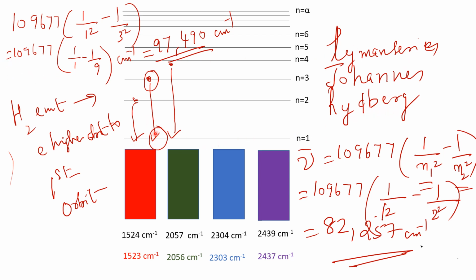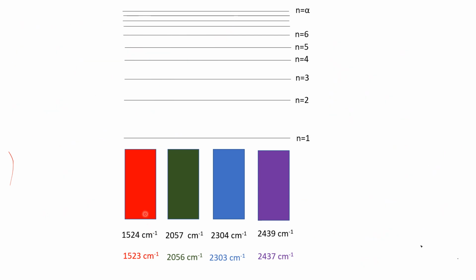So likewise, you can calculate the wave number corresponding to the transition of the electron from any higher orbit to the first orbit. So all the lines in the Lyman series can be accounted with the help of this formula. That is the formula which had been put forth by Rydberg.